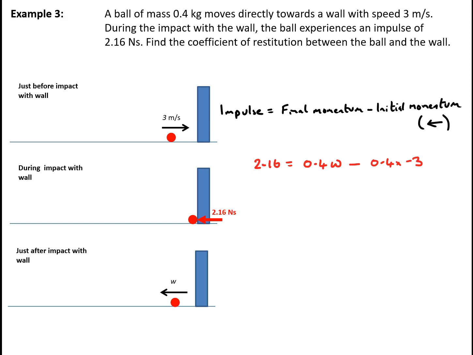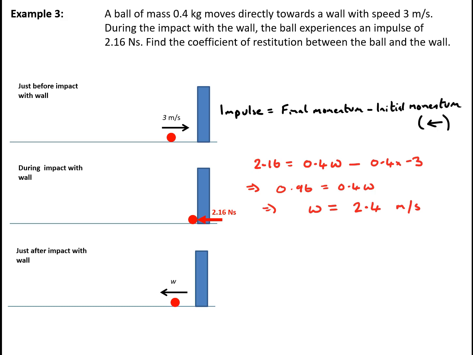So we've got 2.16 equals 0.4W minus 0.4 times minus 3. That gives me 0.96 equals 0.4W. In other words, W is 2.4 meters per second.